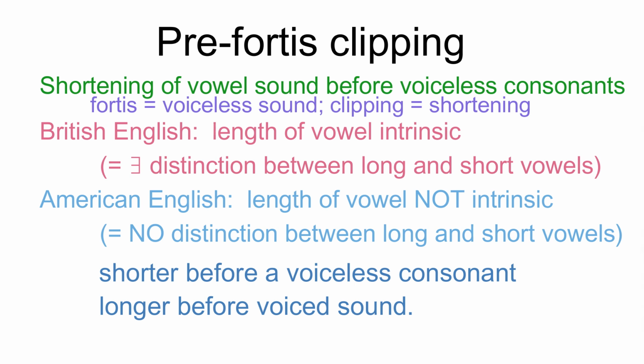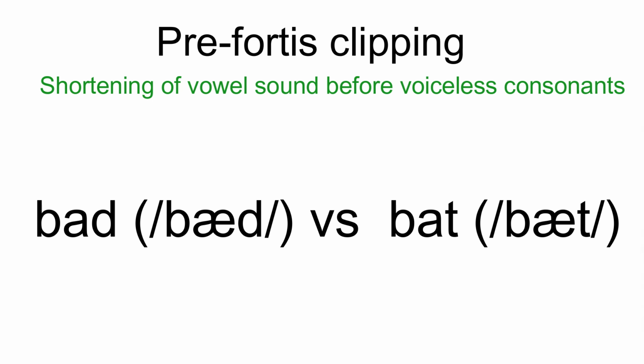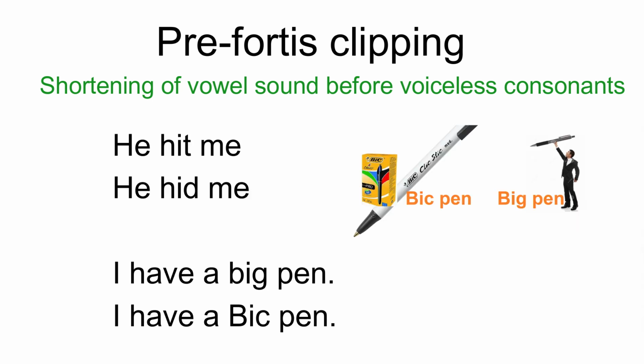For example, the vowel in bad is much longer than the vowel in bat. This change in vowel duration subtly helps listeners of English to determine which sound was spoken. Compare the following sentences. He hit me. He hid me. I have a big pen.